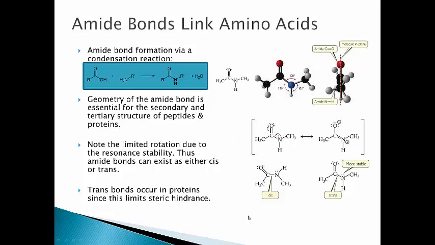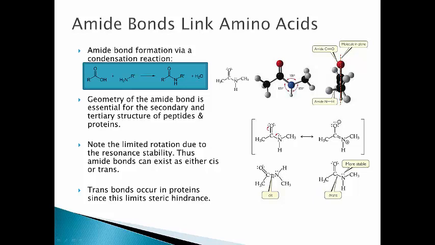So the geometry of the amide bond is essential for secondary and tertiary structure of peptides and proteins. There is limited rotation around that bond. Because of this limited rotation, you can get cis or trans amide bonds in your peptides. So generally we get our trans bond rather than our cis bond.